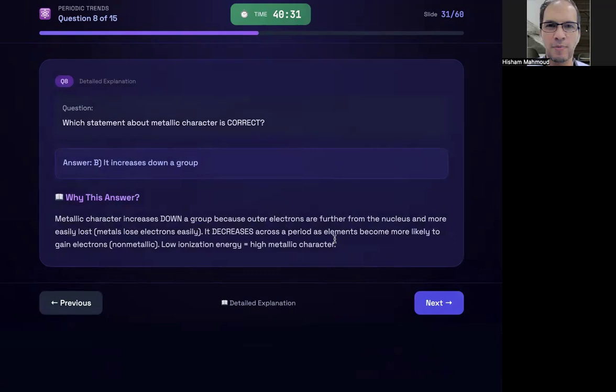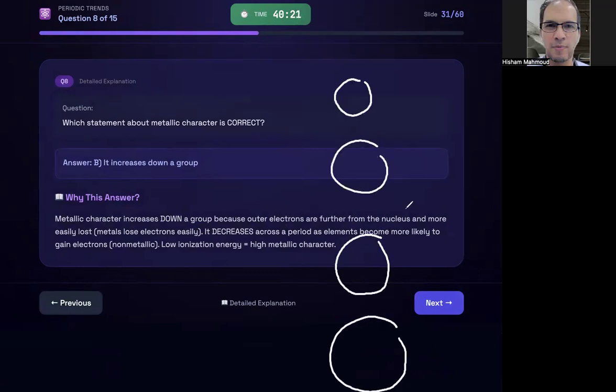It decreases across a period as elements become more likely to gain electrons. Why is that? It's bigger, right? Low ionization energy, higher metallic character can easily remove an electron because the electron is very far. It's lower ionization energy. I can remove the electron easily from the nucleus.